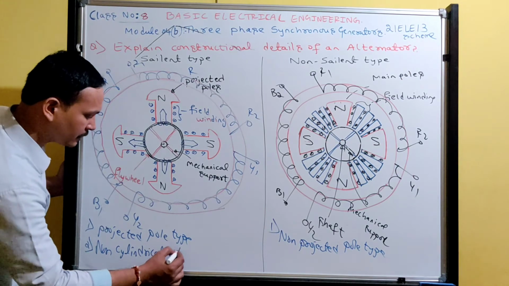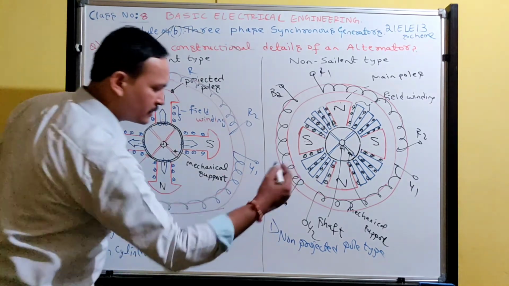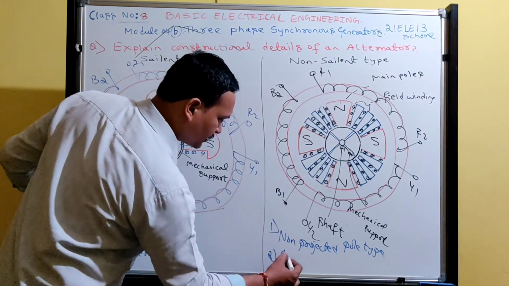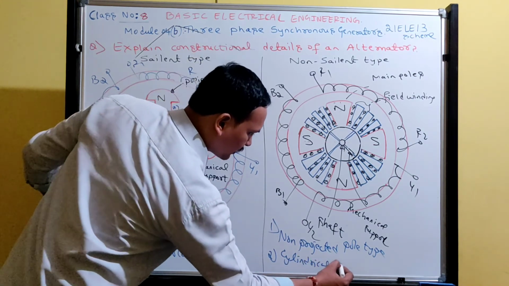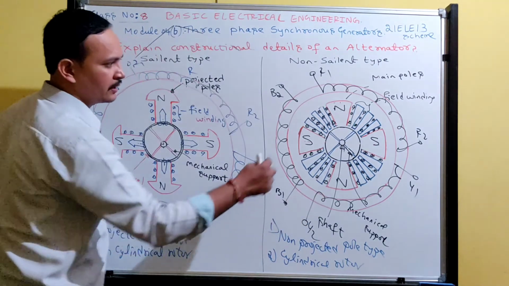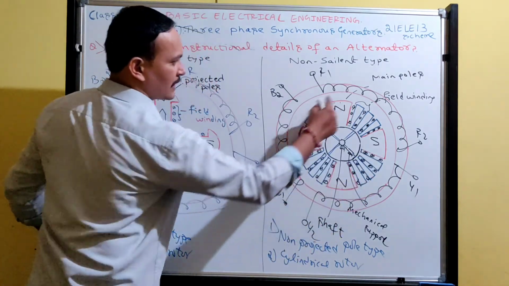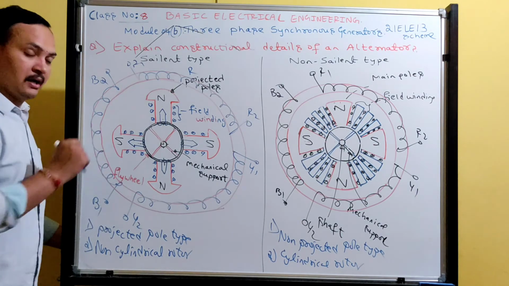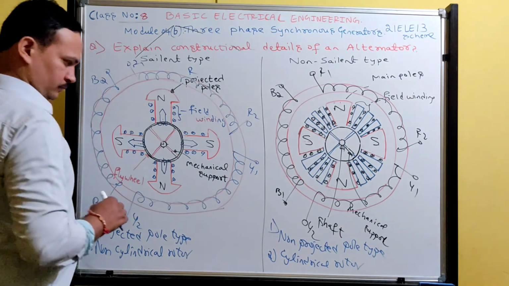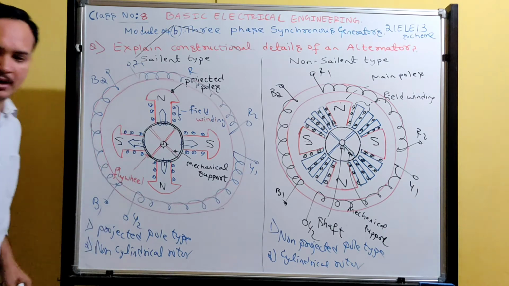On that side you can write cylindrical rotor. Look at here, the rotor looks exactly circular, so it is called cylindrical rotor. Pause the video and copy down these 2 points.